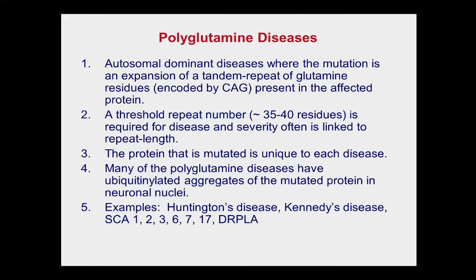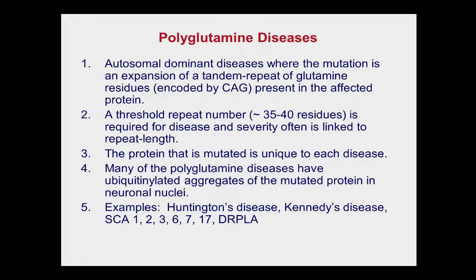But the theme in all of these diseases is that they have an expansion of that stretch within the protein. And once it gets above roughly 40 amino acids, it becomes pathogenic.